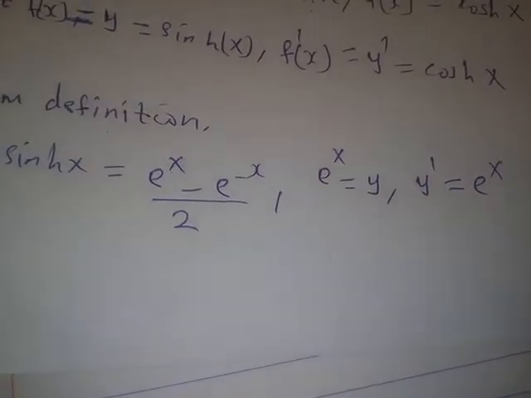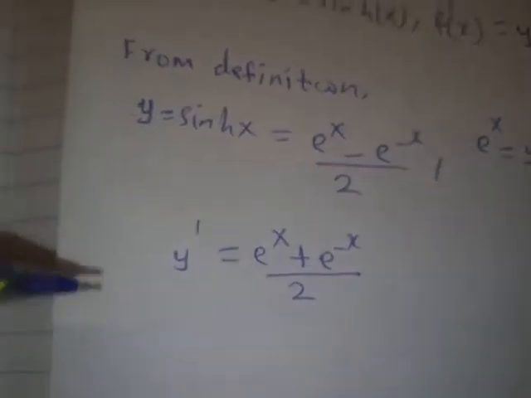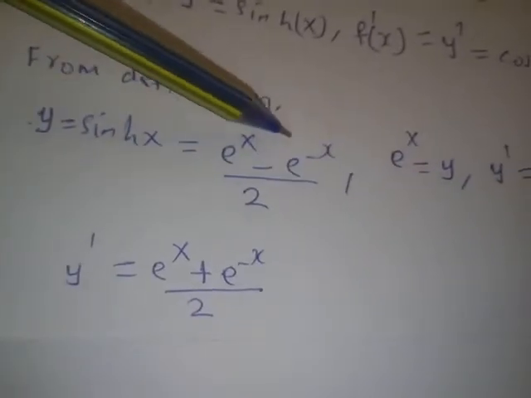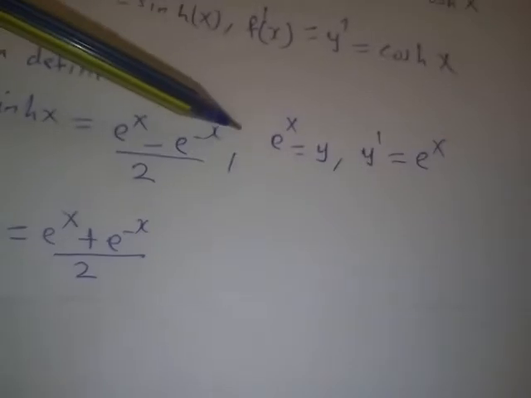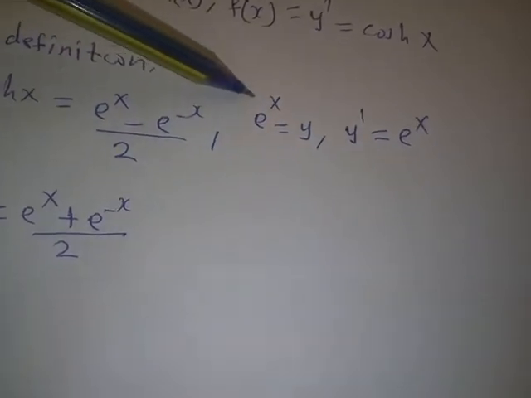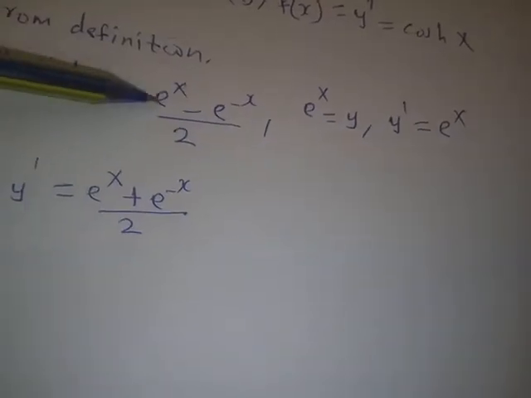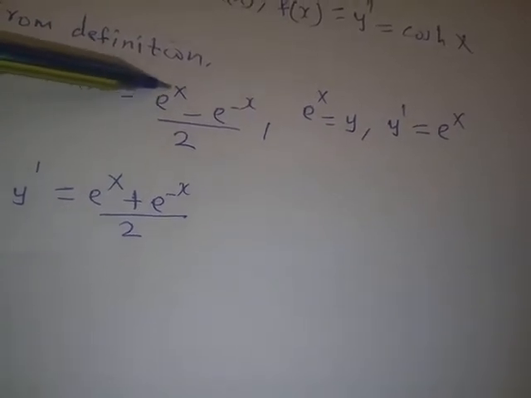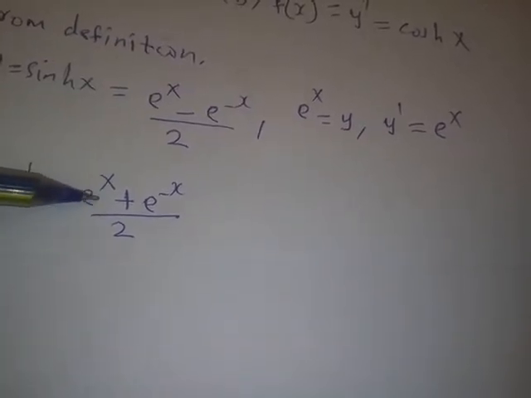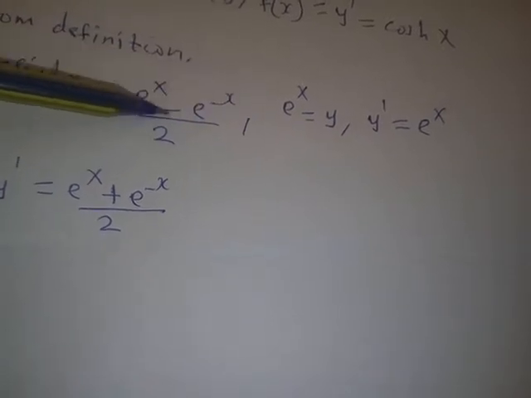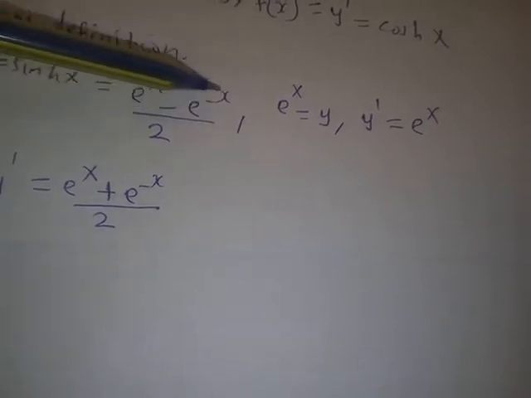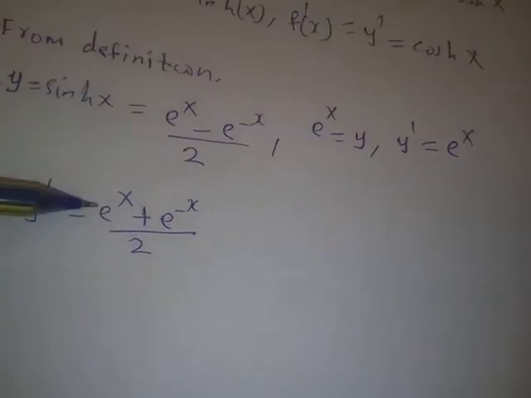So differentiating this function with respect to x, and using the fact that exponential differentiated remains the same, we are going to get the first one. When you differentiate this function with respect to x, it will remain the same. When we differentiate this, the negative will come down here, so negative times negative is positive, so that is what we are going to get.